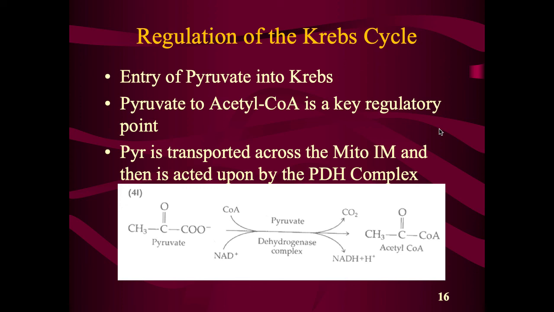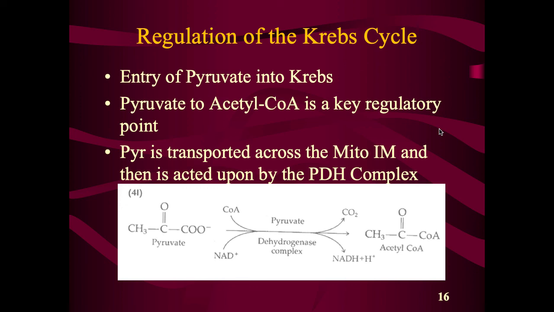And here's where this reaction is. On the inner part of the mitochondrial inner membrane is a complex called the PDH complex. It's embedded on the inside of that inner membrane. And PDH is pyruvate dehydrogenase complex. It's this guy. Multi-subunit enzyme complex.